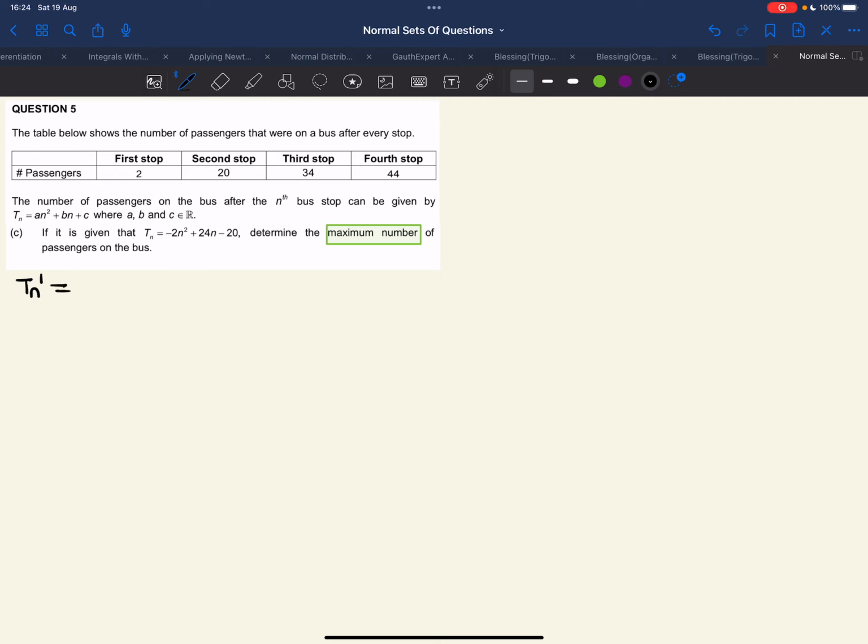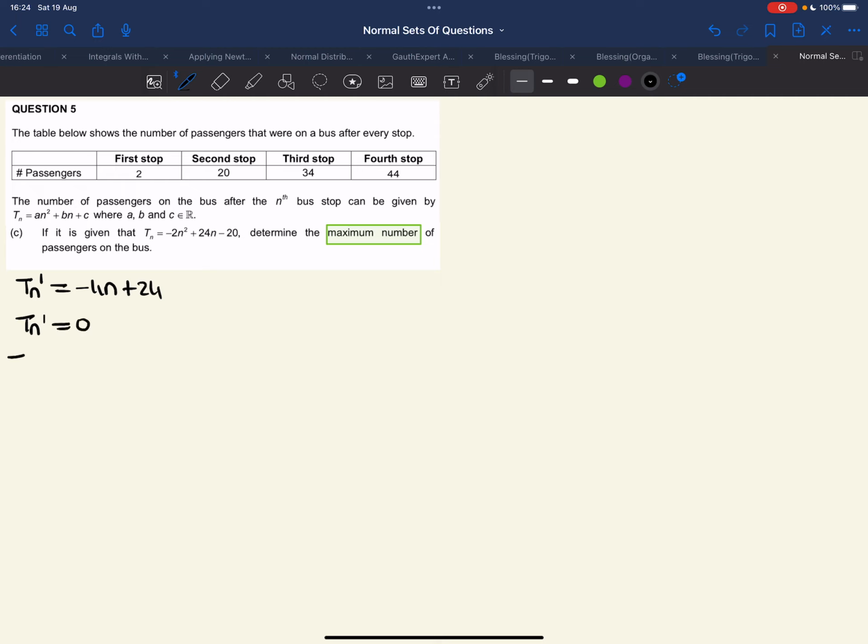So the derivative of that function is going to be minus 4n plus 24, right? And then the second step after finding the first derivative is to equate it to 0.